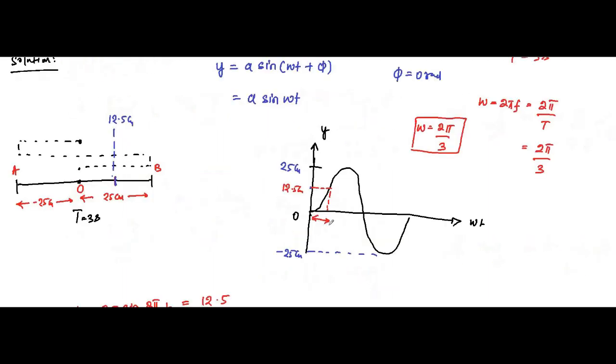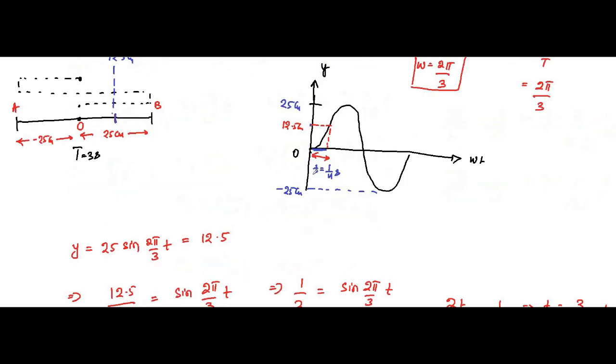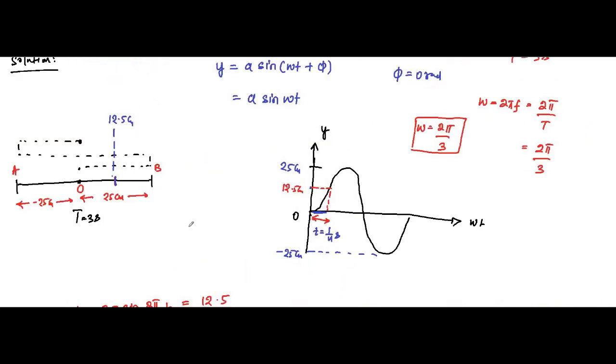So this time, from here to here, is 1 by 4 seconds. To travel from 0 to 12.5 centimeter, the particle takes 1 by 4 seconds.